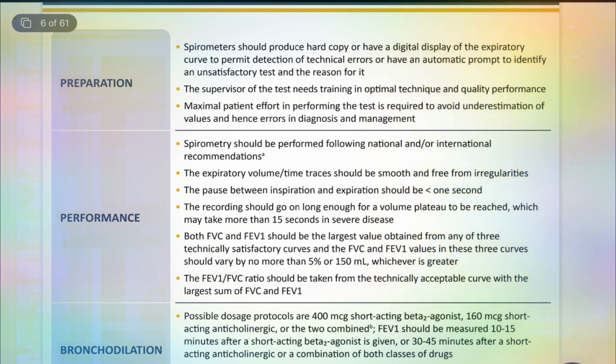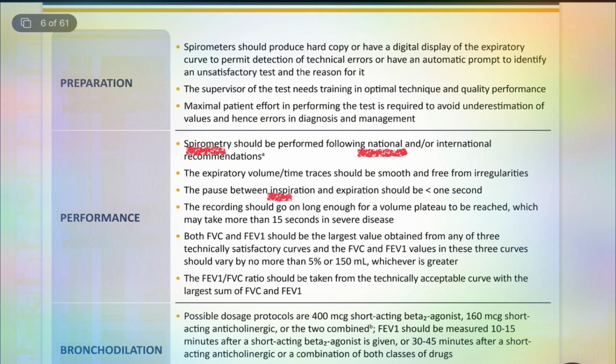After that, they are telling what we should consider while performing. Spirometry should be performed following national or international recommendations. Very important, the expiratory volume traces should be smooth and free from irregularities. So there should not be irregularities.